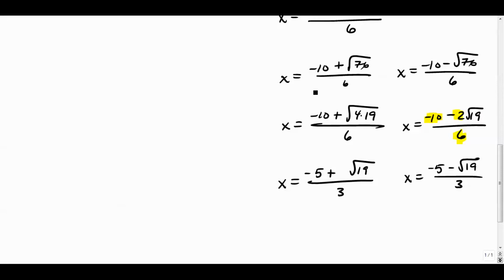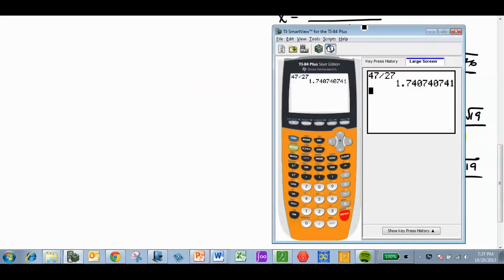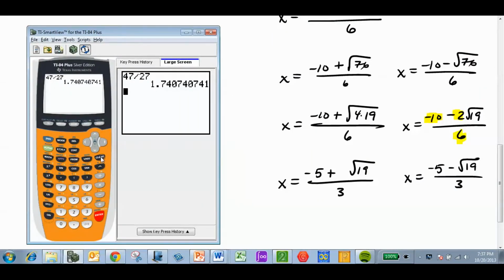I think we're probably ready to go to our calculators. Not to graph it, but just to get that value. So I'm going to go negative 5 plus the square root of 19, all divided by 3.